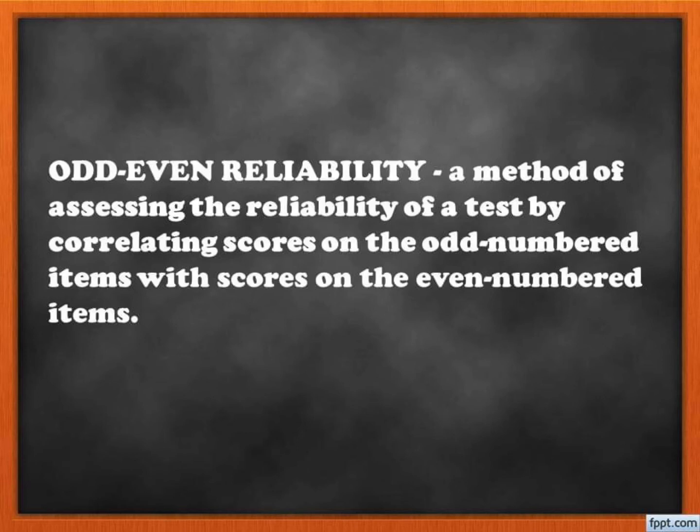So as the name suggests, ang unang half ay ang odd-numbered items at ang pangalawang half naman ay ang even-numbered items. Then, i-correlate ang mga scores. Dahil nahati ang test sa dalawa, may chance na baka maapektuhan ang pagme-measure ng ating test sa variable na mini-measure niya.